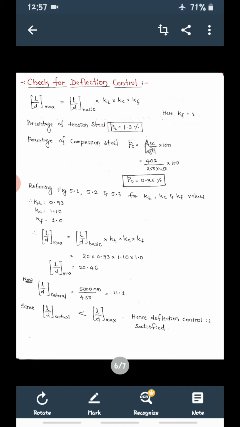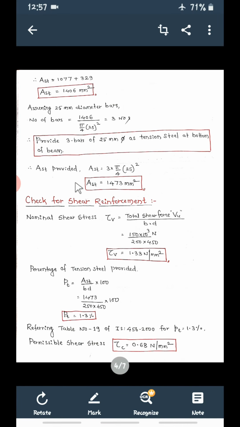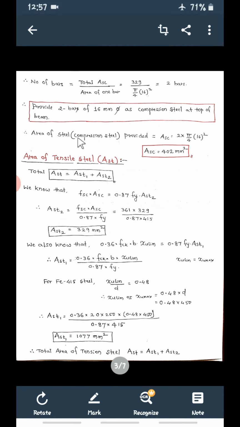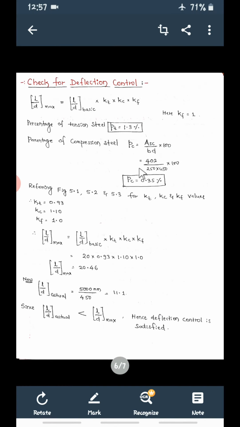So what is ASC we are providing? 402. Provide 2 bars of 16 mm, means ASC we are providing is 402. So ASC 402 divided by B into D into 100. So the percentage of compression steel PC is equal to 0.35 and PT is equal to 1.3. PT is related to bottom steel, and PC is related to top steel.